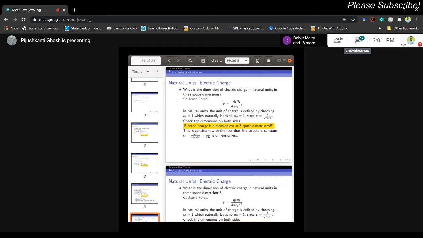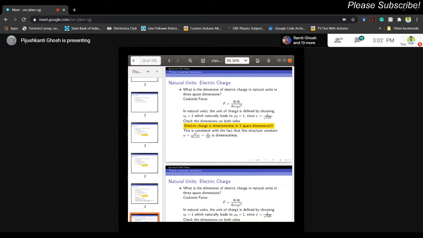Because, as you have seen, dimension of length and dimension of inverse mass are identified in natural unit. So spectroscopic wavelength is a length, but you can express it in natural unit in terms of inverse mass. And again, mass and energy have the same dimension, so you can express it in terms of electron volt. Okay, so these are the reasons.